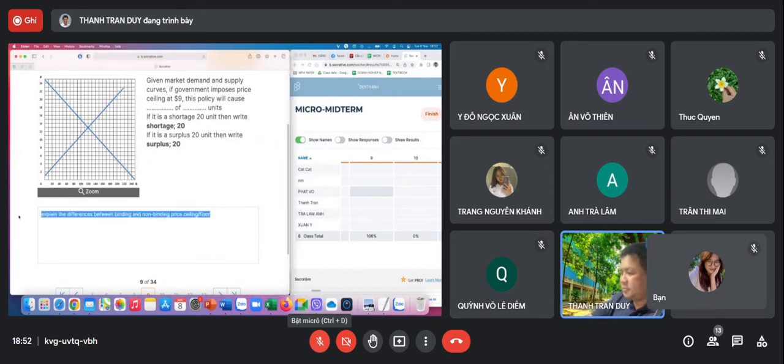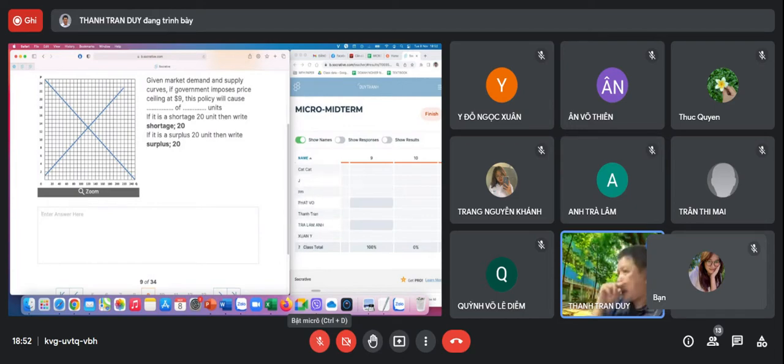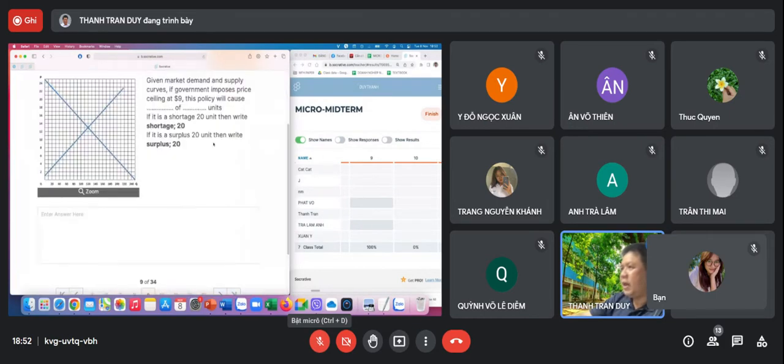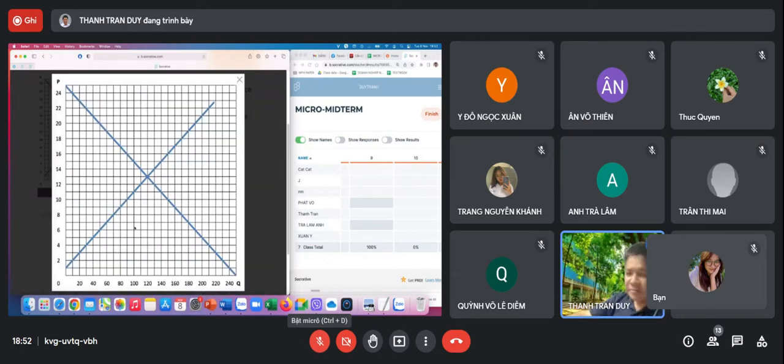Now, question number 9. Given market demand and supply, the government imposed a ceiling at 9. So if the ceiling is at 9, what happened? This policy will cause a shortage or surplus. And how many units?